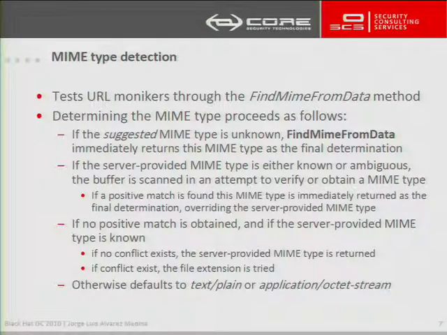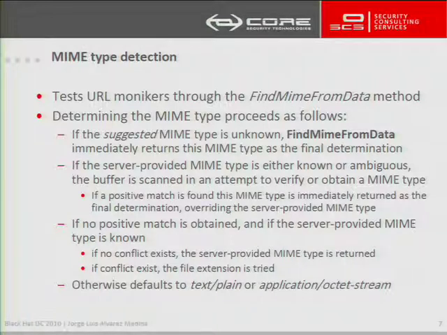If the server-supplied MIME type is unknown to the browser, the browser will treat the requested object according to the result from the FindMimeFromData function. I mean, if the file extension is unknown to the browser and this function determines that the content being rendered is HTML, the browser will treat that object as such.